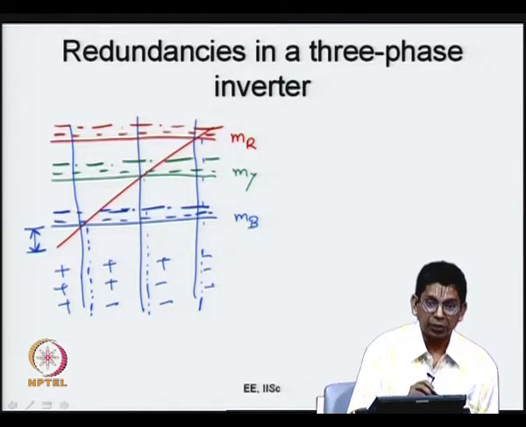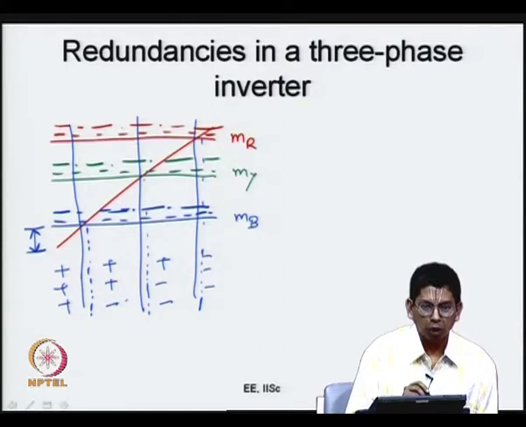Again there is no intersection between the carrier and Mb. So, now Mb is always lower than the carrier in that case. So, that means the B phase bottom device will always be on, and B phase is clamped. B phase does not switch, it is clamped. It is clamped to what? It is clamped to the negative DC bus.